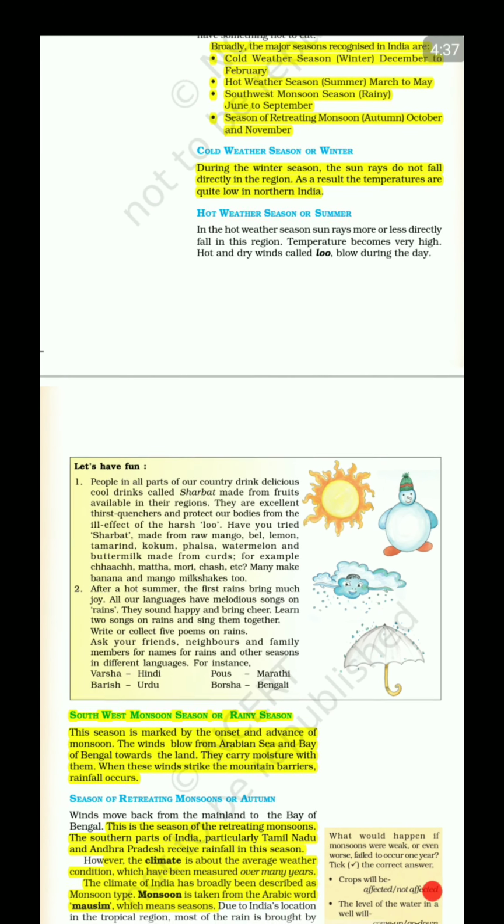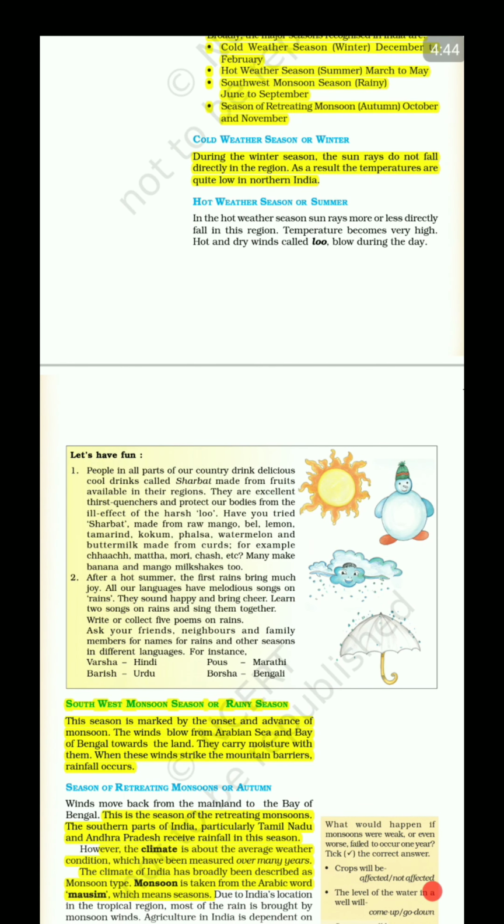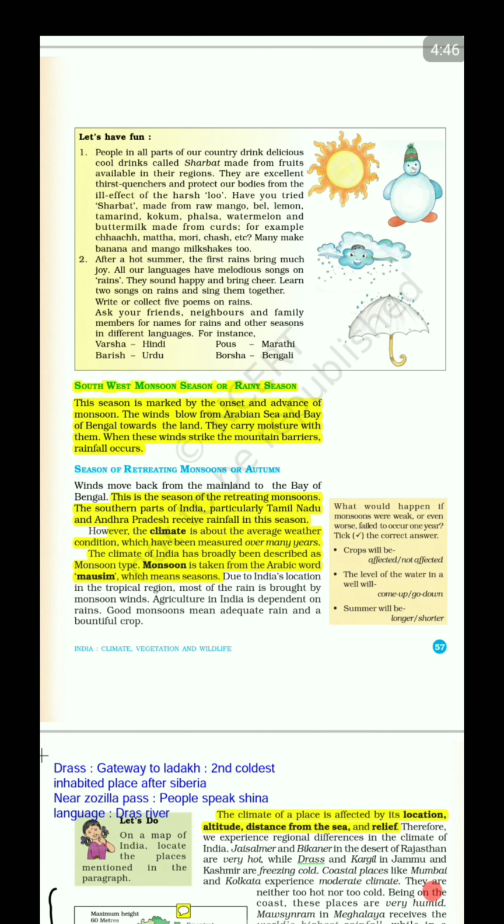So that was the cold weather season, winter, and the hot weather season, or summer. We have already explained why it is the southwest monsoon season, or rainy season. Again repeating, the monsoon winds originate from the southwest, and hence it is named so.